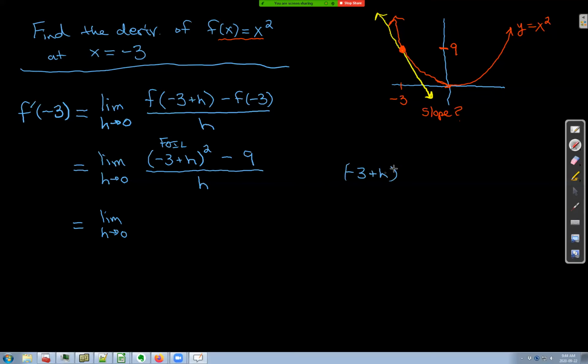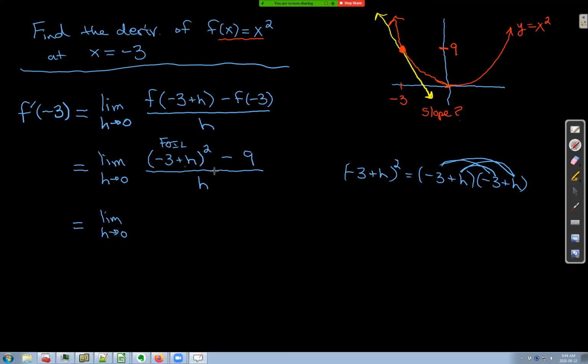Negative 3 plus h squared, that's the same. What that means is negative 3 plus h multiplied by negative 3 plus h. And that's why I said you have to do FOIL, because you got to do this guy times this guy, and then this guy times that guy, and then this guy times that guy, and then this guy times that guy. You got to do the usual FOIL thing.